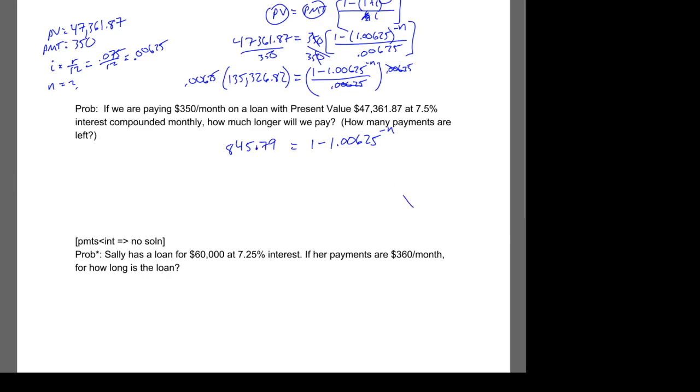Yeah, okay. And then subtract 1 from both sides. It's kind of weird. So we have 844.79. Multiply both sides by -1.